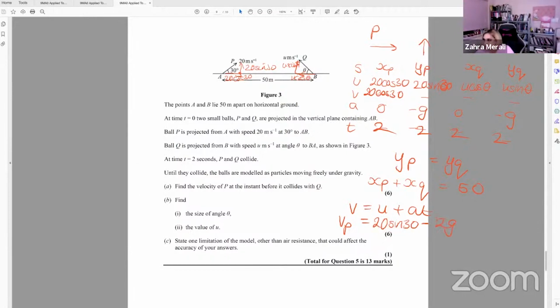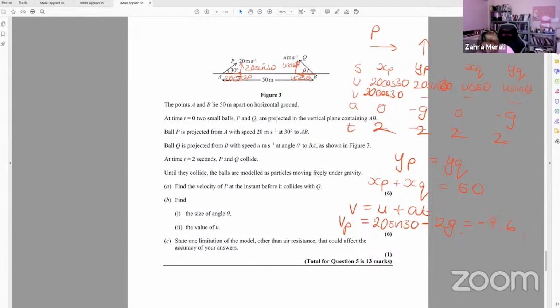Plug that into our calculators: 10 minus 2 times 9.8, and we get minus 9.6.